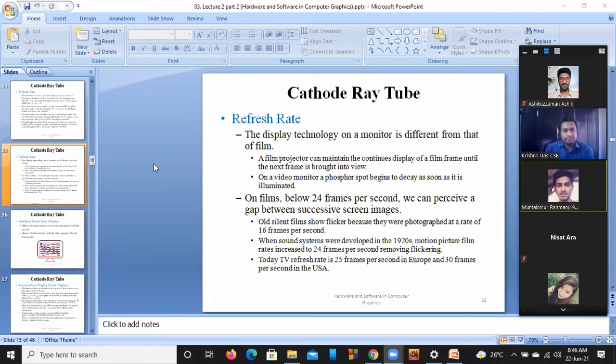Depth is the number of bits used for each pixel in a display. Say again, the number of bits which is allocated for each pixel, right? So that's actually the depth.